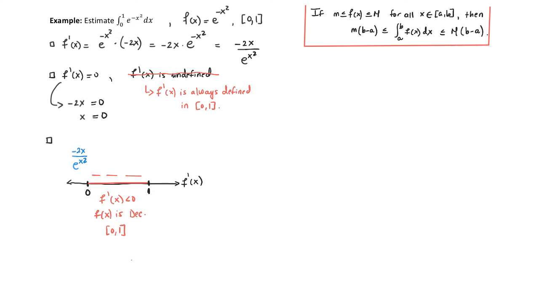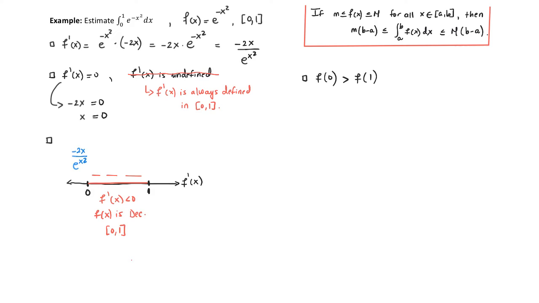So I already know that my function is decreasing in that interval. So then if it is decreasing, that means immediately that f of 0 will have to be greater than f of 1.